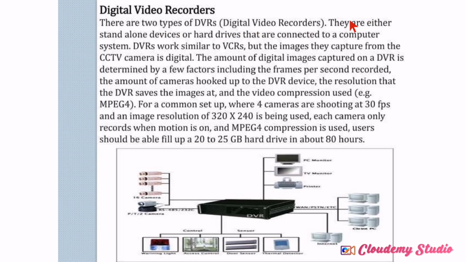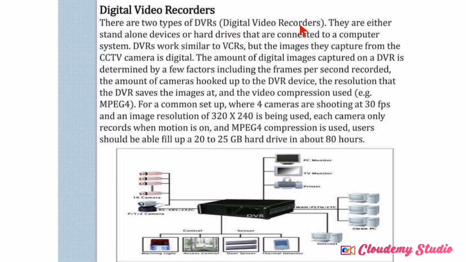Point number 1: there are 2 types of DVRs, digital video recorders. They are either stand-alone devices or hard drives that are connected to a computer system. Okay, so I'll repeat. There are 2 types of DVRs.